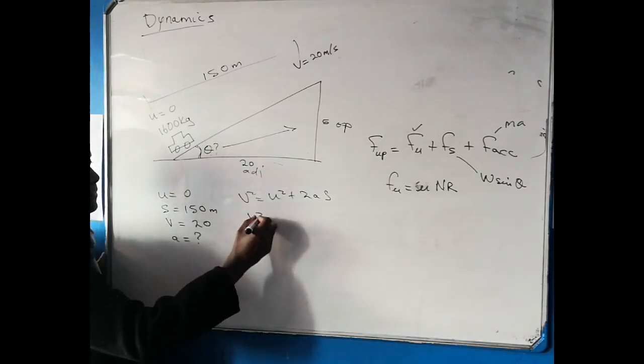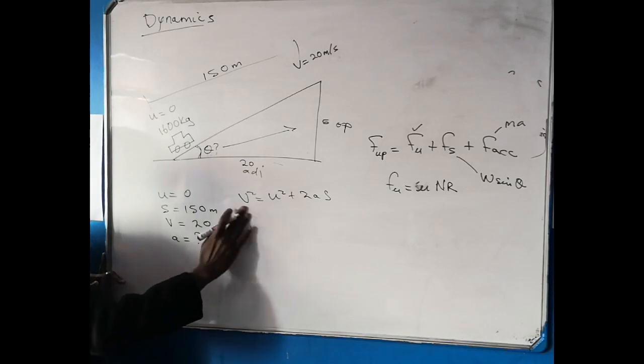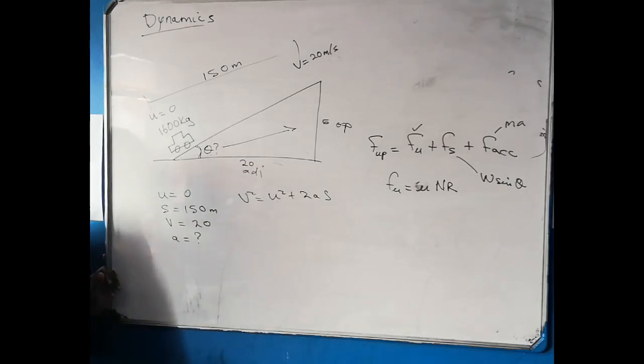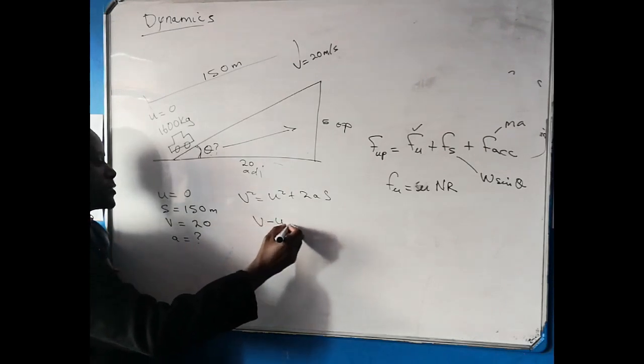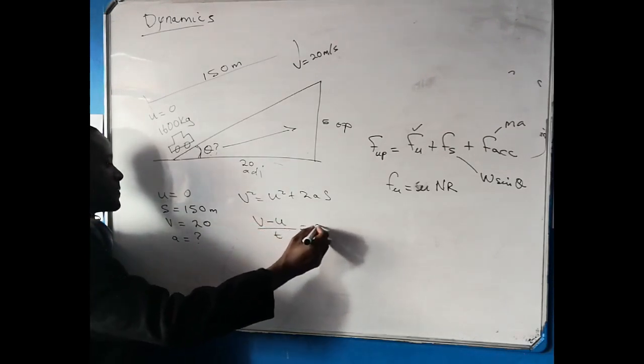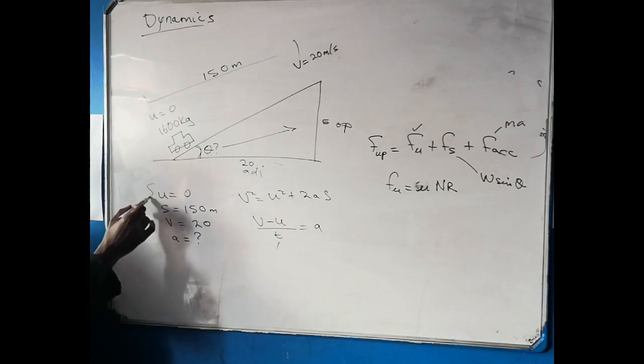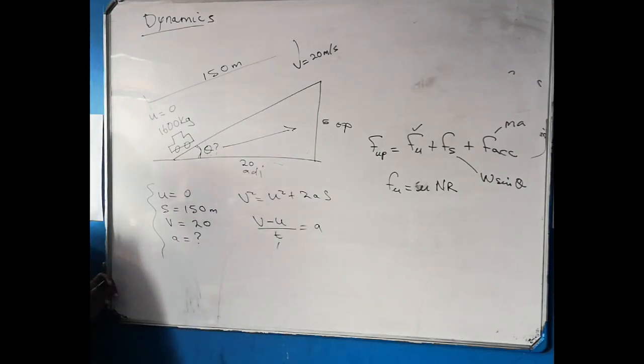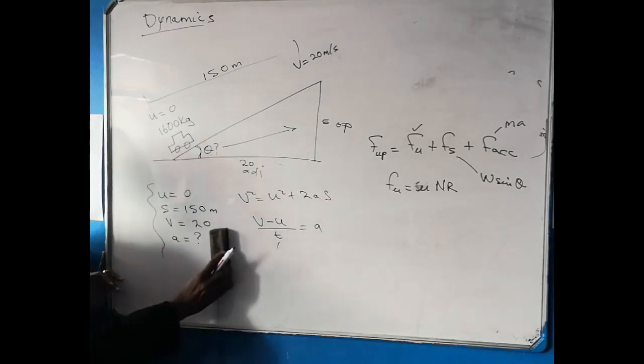We can use, wait, we can use the one of V minus U over time. Do you have your time? If you have the time, you can use that. But if there is no time, you can use this one.